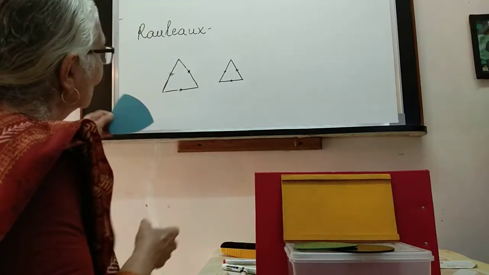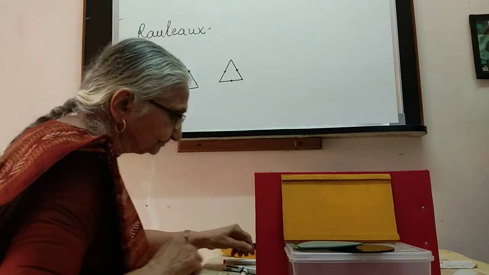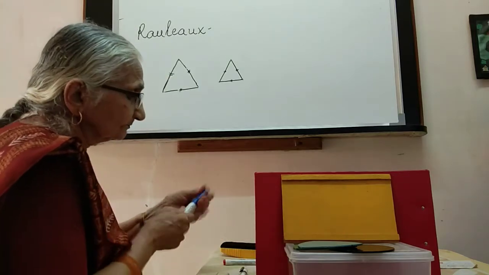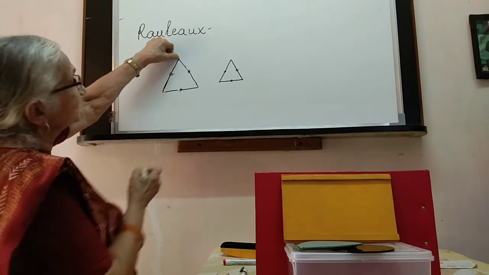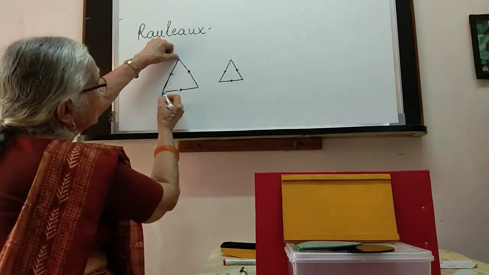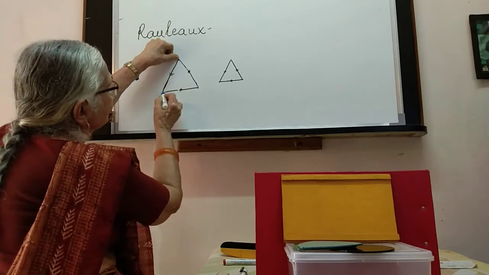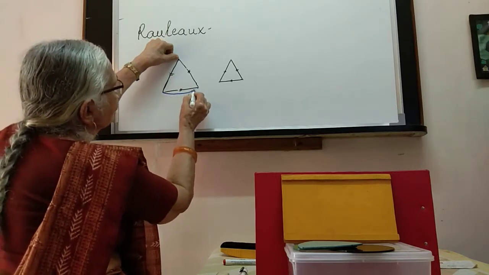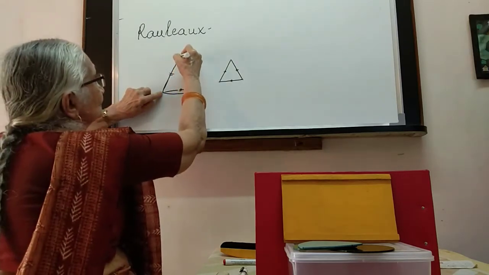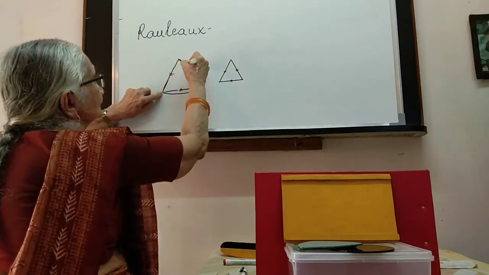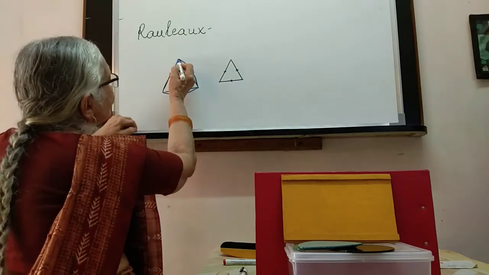To make the first one, we start with an equilateral triangle, and then with one of the vertices at the center and the length of the side as the radius, you draw an arc. Naturally it will pass from here. Similarly, with the second vertex and finally the third vertex.